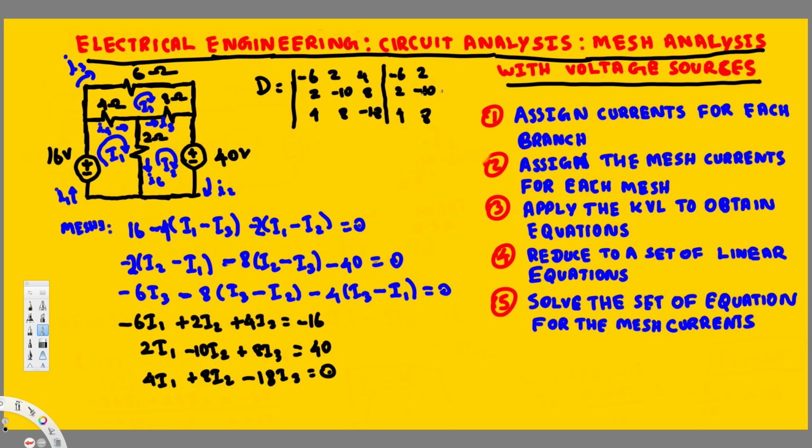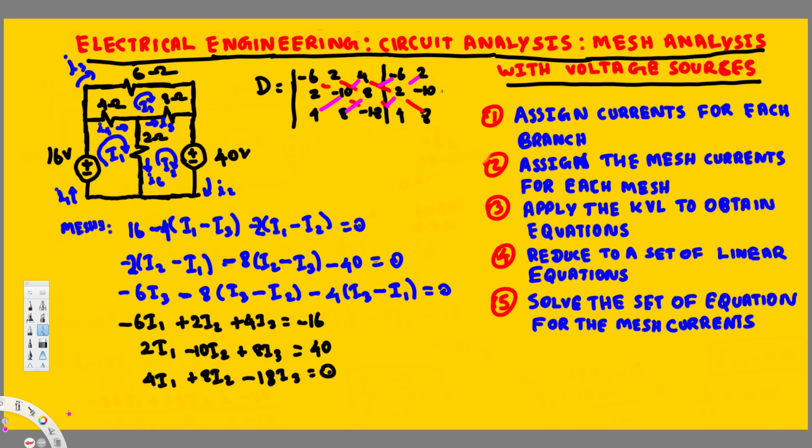So here what we are going to do is the cross multiplication. So we cross it like this, right? And the second one like this, and the third one like this, and then we subtract the other crosswise, the last three, like this, like this, like this.